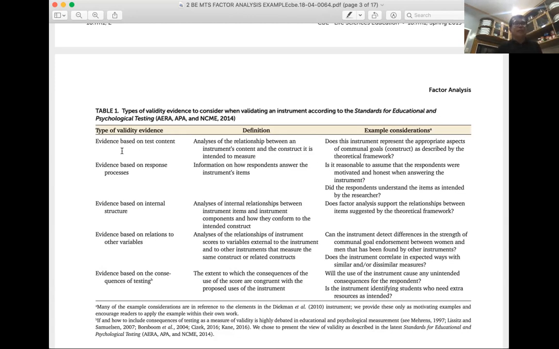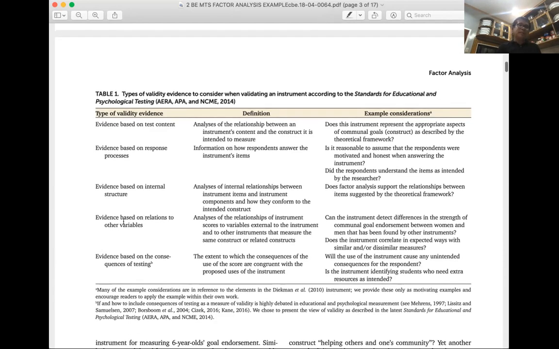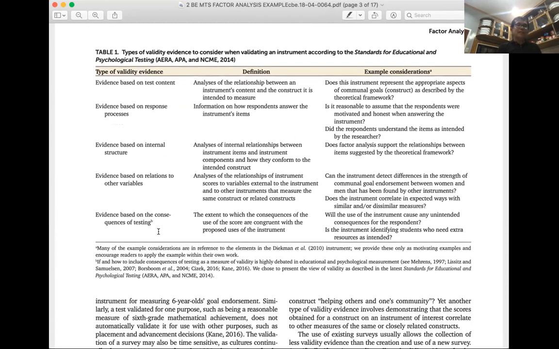So we have evidence based on test content, evidence based on response process, evidence based on internal structure, evidence based on relations to other variables, evidence based on the consequences of testing.